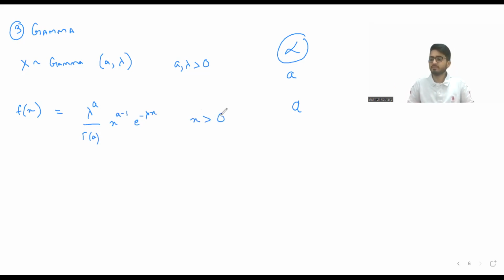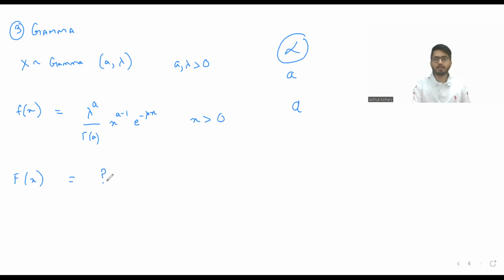So this is the PDF. Again, keep in mind, the range is again 0 to infinity. For most of the distributions, we will see that the possible values which x can take are going to be 0 to infinity. Now for CDF, no closed form exists.